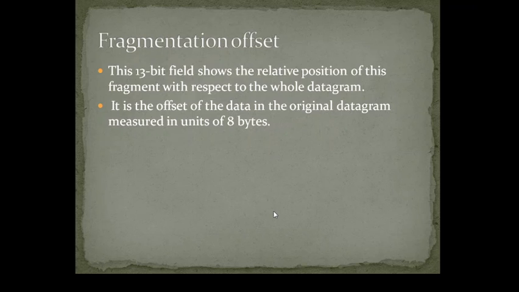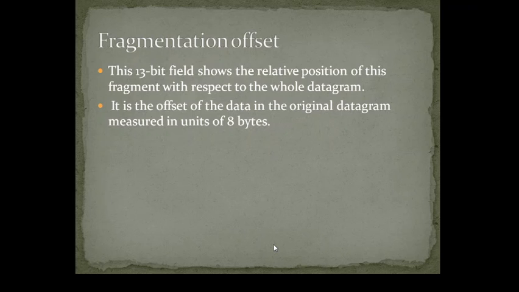Okay. So what happens in the offset? It is a 13-bit field. What happens in this 13-bit field? It will tell you which chunk, which fragment it is, right? Fragment offset will be 0 if the data has not been fragmented. However, if it has been fragmented, then the data is in multiple fragments, multiple chunks, right?